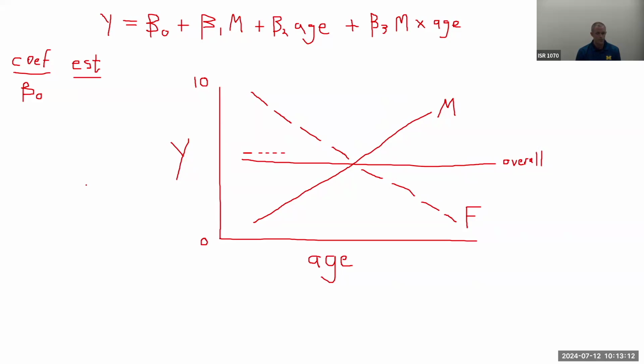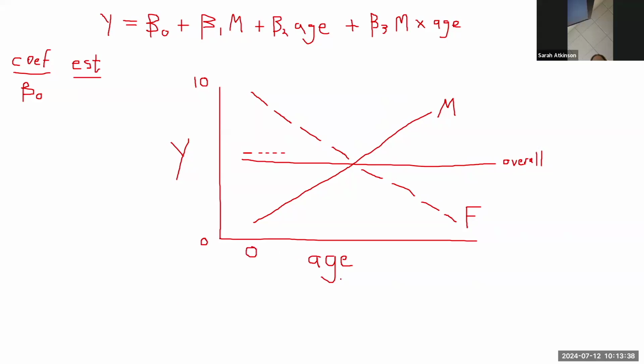Actually, it doesn't mean anything because... No, it's definitely got a meaning in this model. Age equals 0. Oh, okay, it means something. Let's assume age equals 0 is meaningful. Yes, being female, it will be equal to this. Yep. So it's the expected value of the dependent variable at age 0. Let's say this is 0 here for being a female.